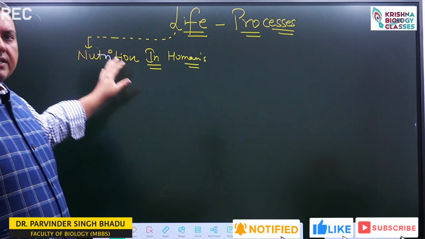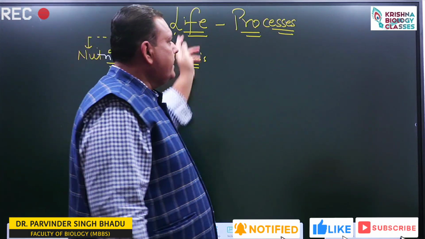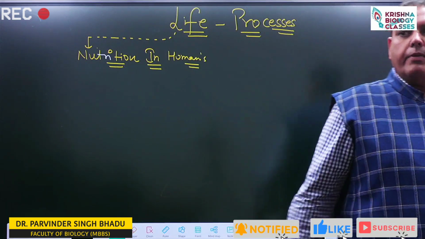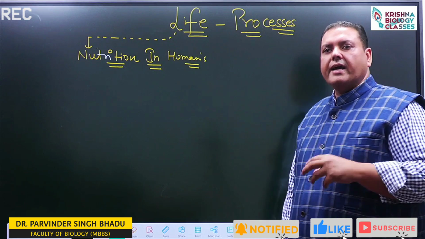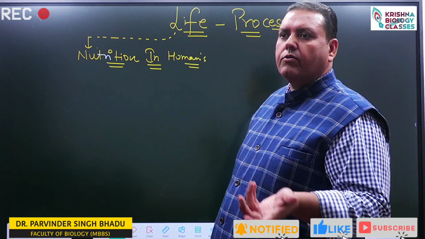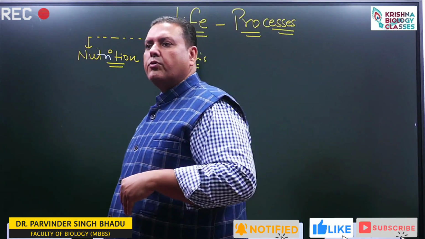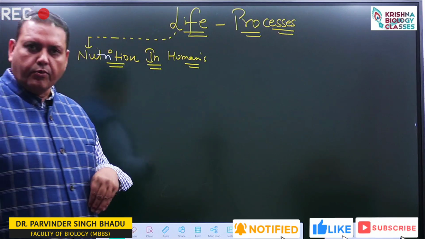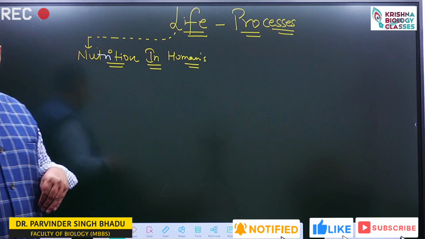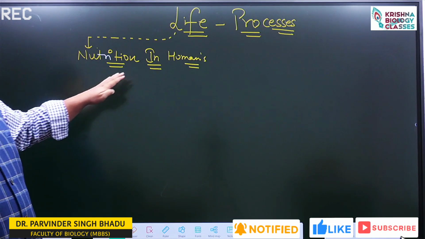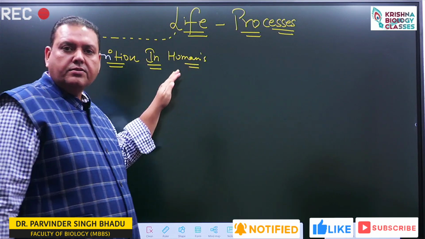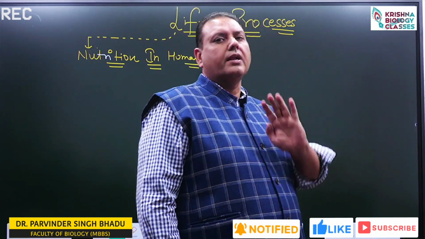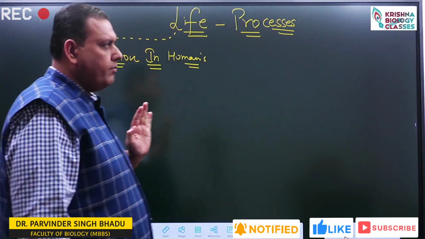So nutrition is an example of a life process in which we utilize the various nutrients commonly known as food: how we utilize the carbohydrates we eat, the proteins, the fats and so on. And later with the help of these nutrients we release energy, and this energy is utilized inside the cells of our body.